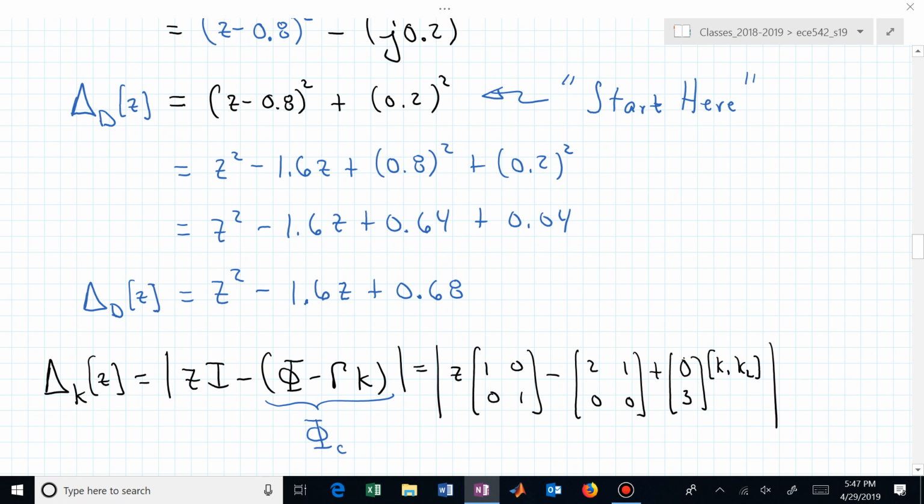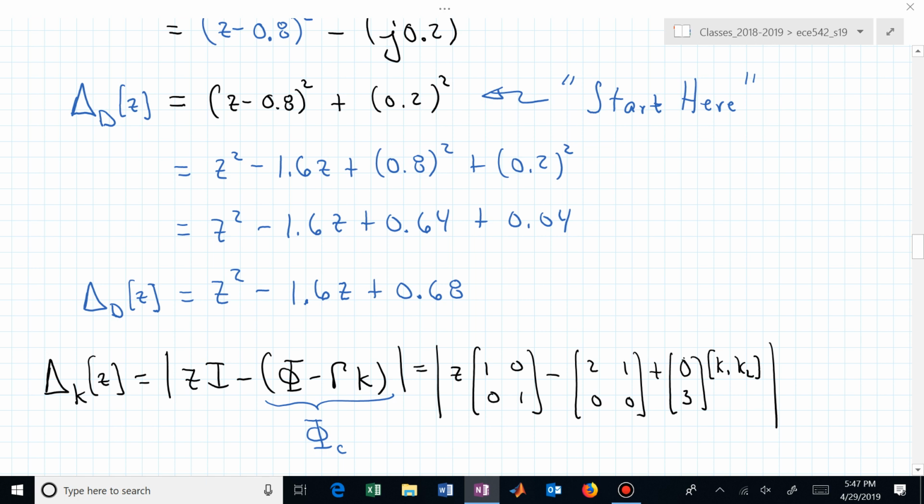In this case, it has two parameters in it, k sub 1 and k sub 2. We're now finding delta sub k, which is the polynomial that contains these yet to be determined coefficients k1 and k2 that parameterize our full state feedback gain matrix.